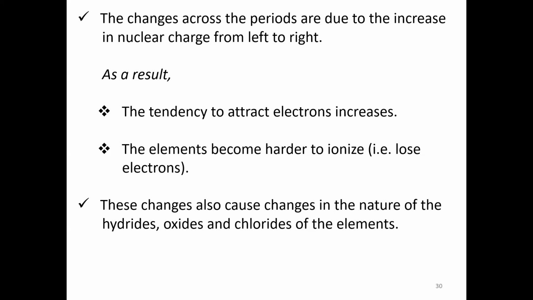So because we are going to non-metal, it's harder for them to ionize, which means they have more tendency to attract and less tendency to lose electrons. So that is why the elements become harder to ionize.